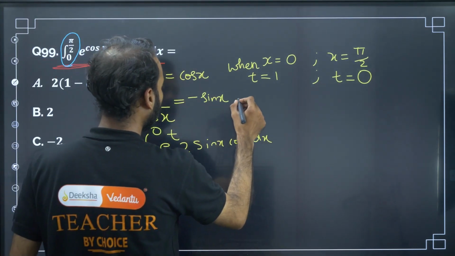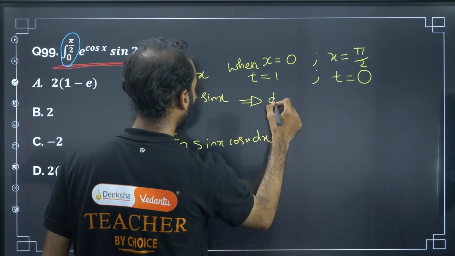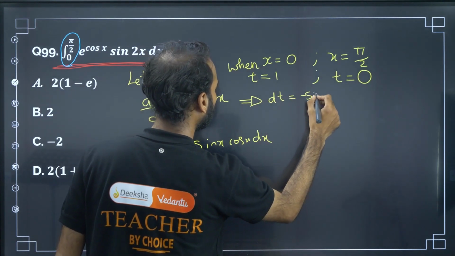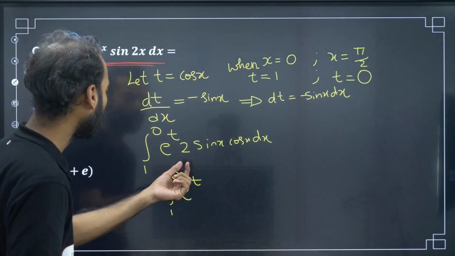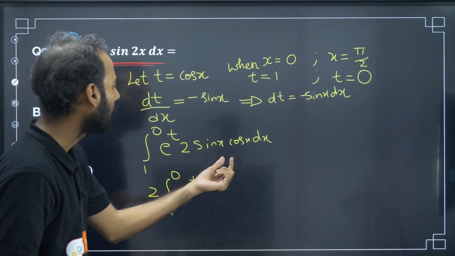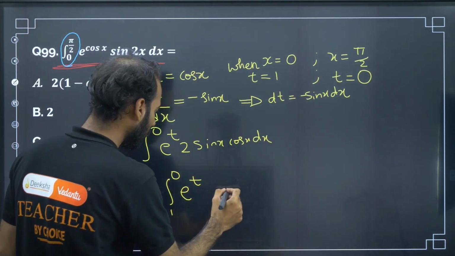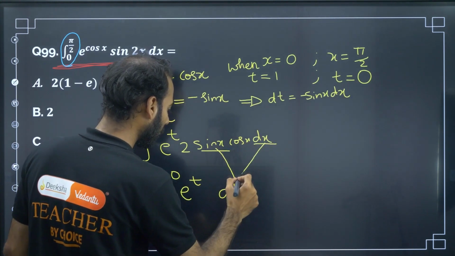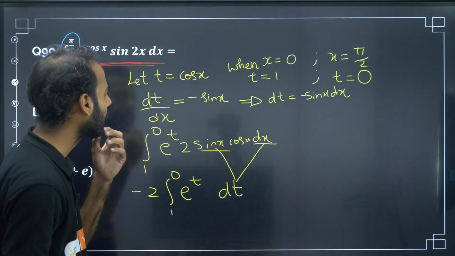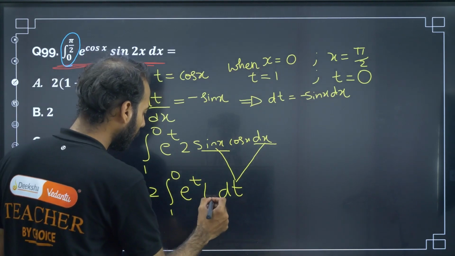Since dt is equal to negative sin x dx, I will replace sin x dx with negative dt, and for cos x I will write t.